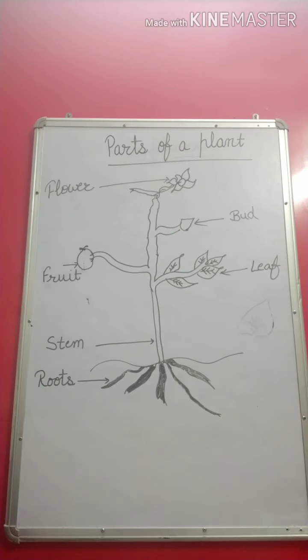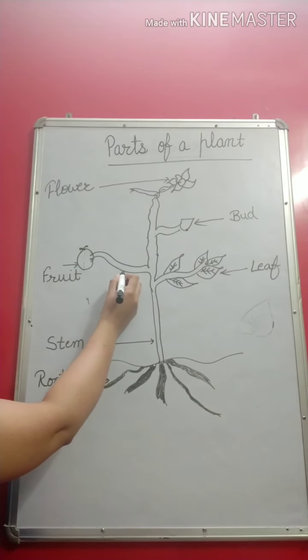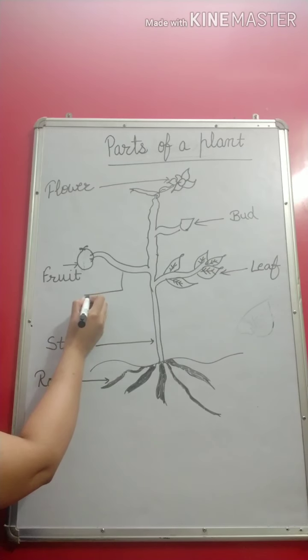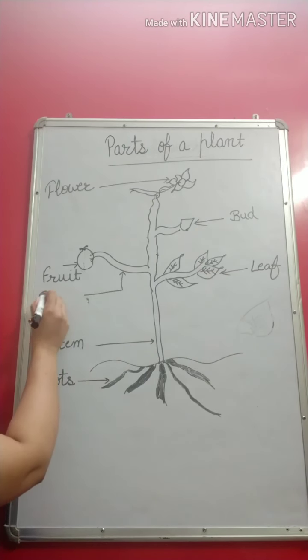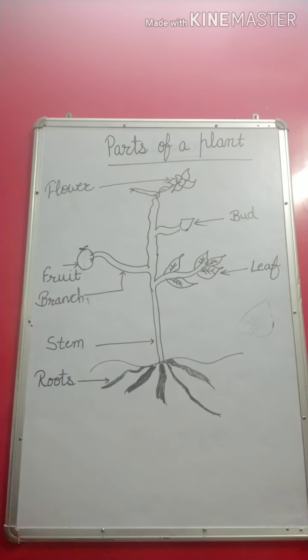The parts that are easily visible above the ground, we sometimes call aerial parts also. Aerial parts are the ones which are in air. Here also I am mentioning this one. That is what? Branches, or you can simply write branch. This is only one branch, so we can write branch.